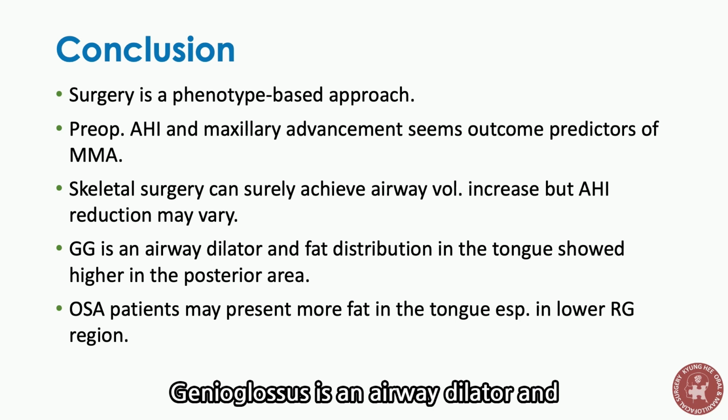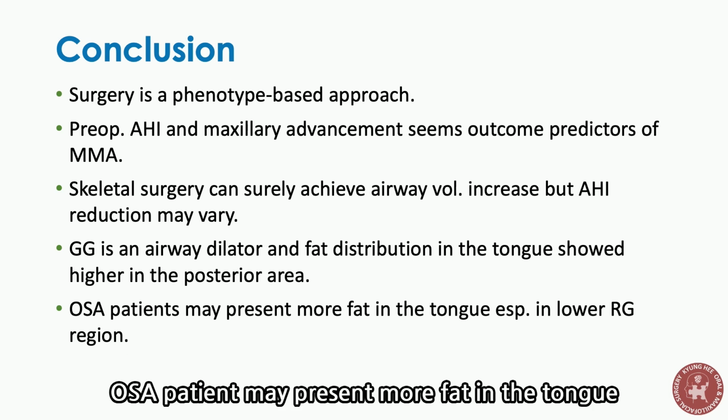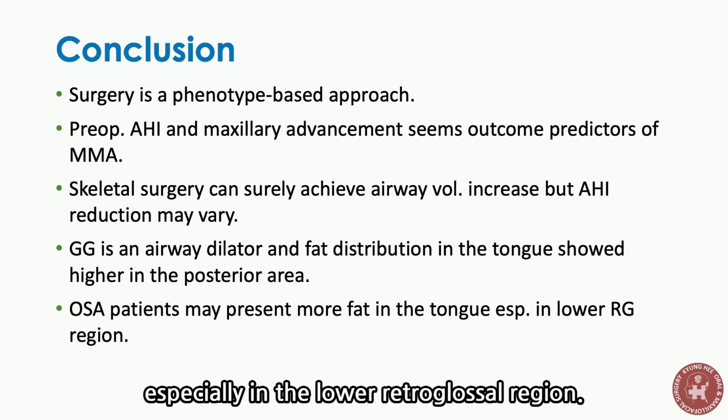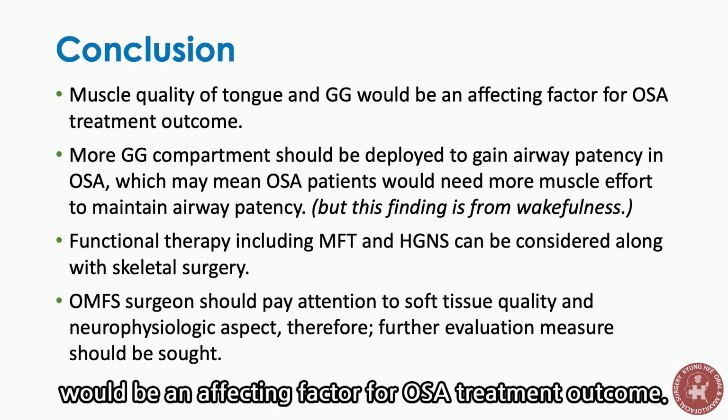Genioglossus is an airway dilator, and fat distribution in the tongue showed higher in the posterior region. OSA patients may present more fat in the tongue, especially in the lower retroglossal region. Muscle quality of the tongue and genioglossus would be an affecting factor for OSA treatment outcome.